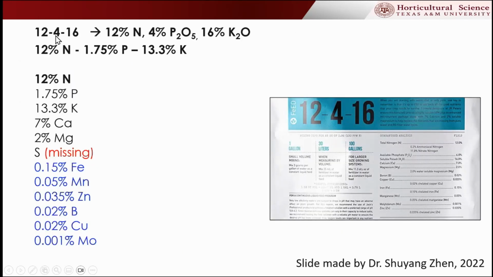So the 12-4-16 represents 12% nitrogen, 4% P2O5, and 16% K2O, sorry. So if you convert it to phosphorus and potassium, here is the rate.